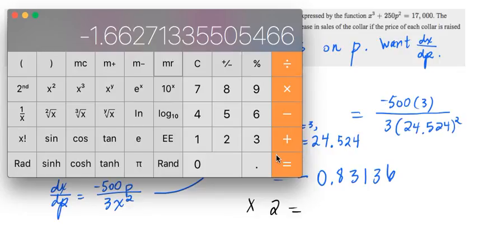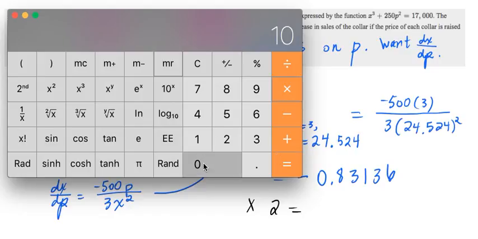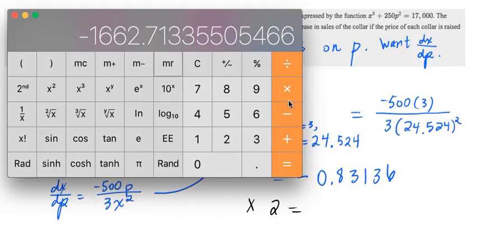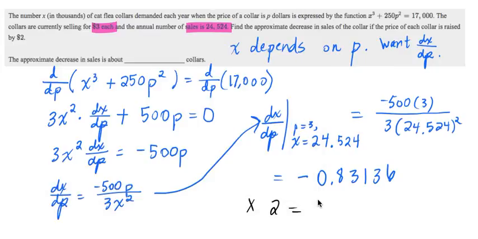So sales are going to drop by roughly that much if your price increases by $2, and now X is in thousands, so let's multiply by 1,000, and it depends on how you round here, 1662.7. I'm going to round to negative 1663. And actually you would enter it positively because it says the approximate decrease in sales is about that many collars.